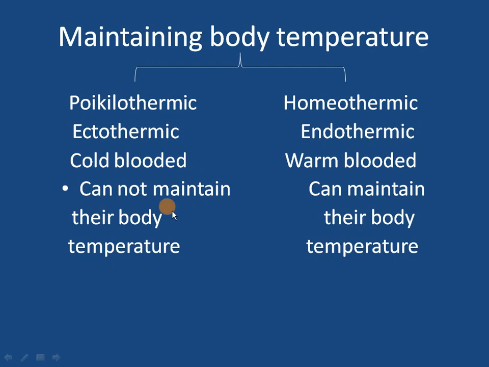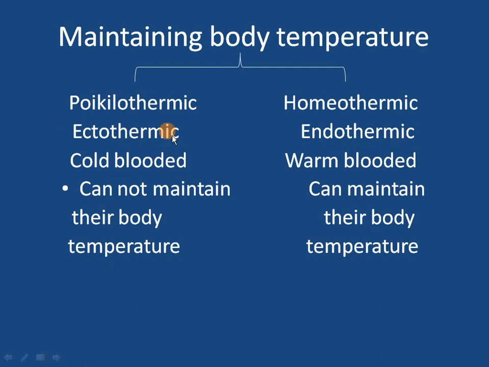Poikilothermic organisms are those organisms which cannot maintain their body temperature. Understood? So they cannot maintain their body temperature. Their body temperature will vary according to the change in their surrounding.